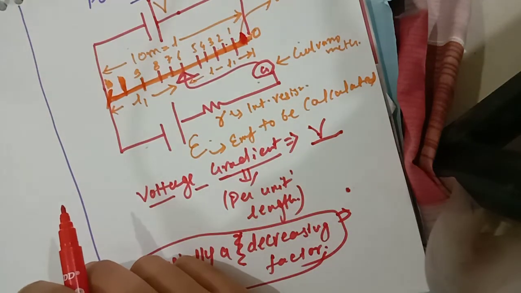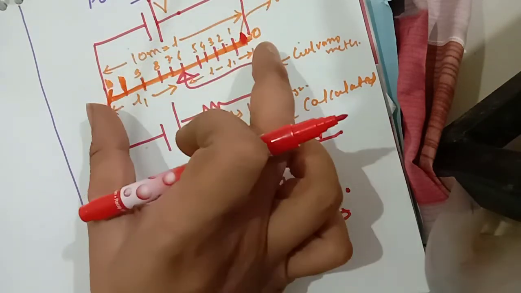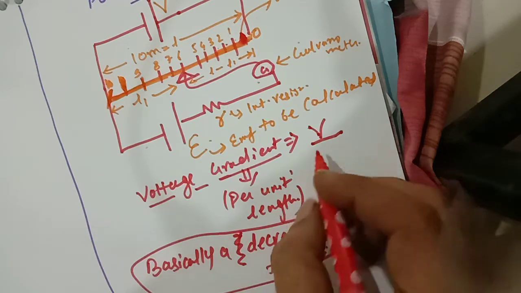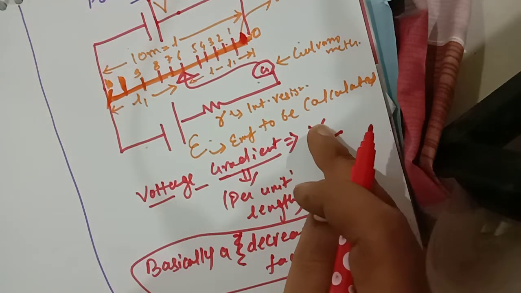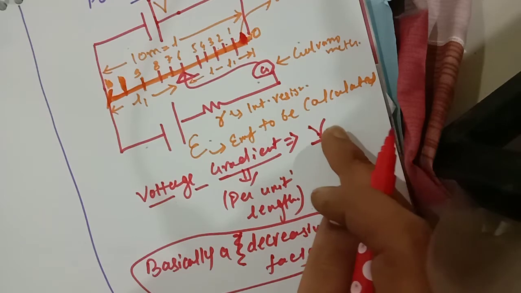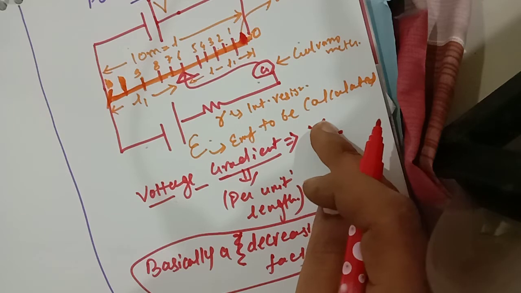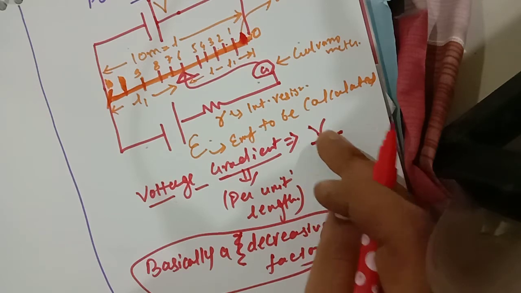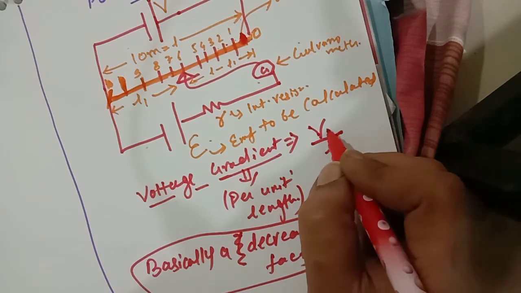Okay, in how much length is V distributed? In L length. So what is voltage per unit length? It means V by L. Voltage drop across that length divided by that length.